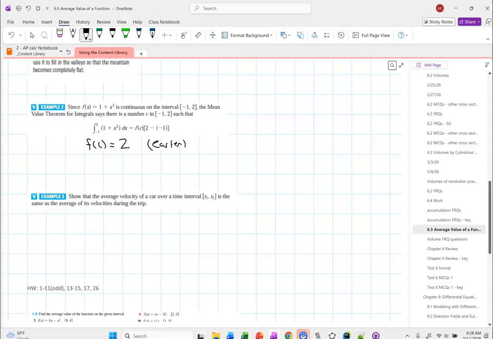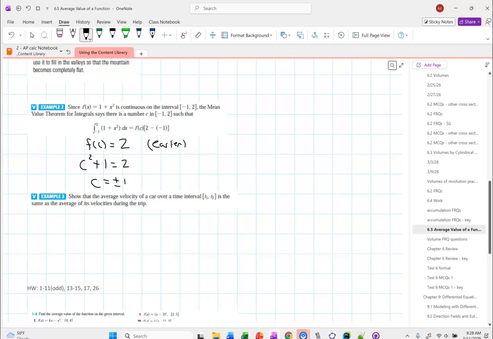So if I want to find what c is, I subtract 1 from both sides and take the square root. C is plus or minus 1.